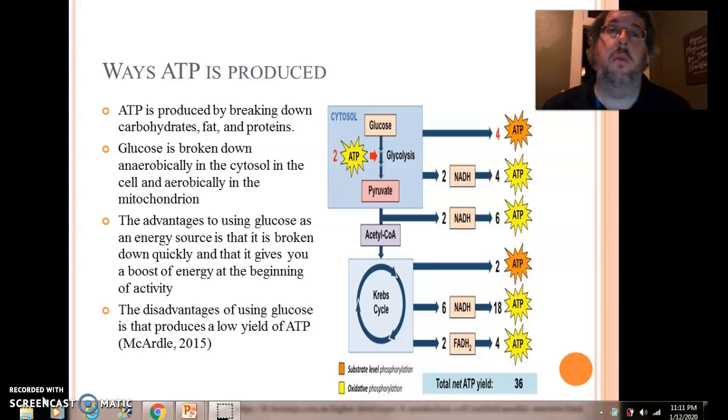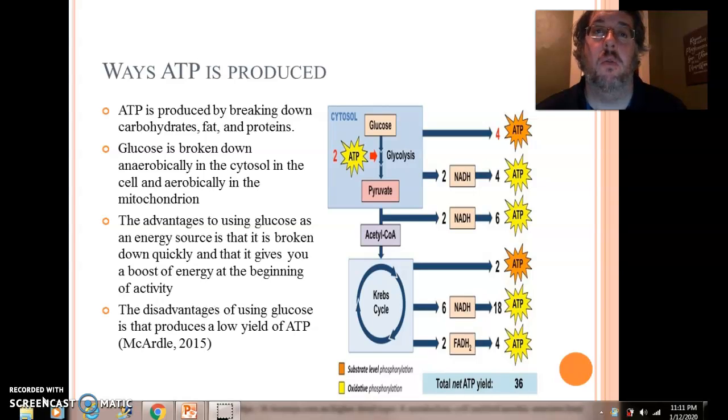ATP is formed by the metabolism of sugars, fats, and proteins. During this presentation, I will be focusing in on the breakdown of glucose and fat or palmitate.